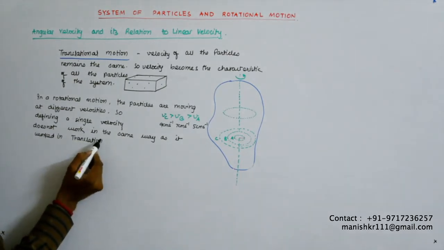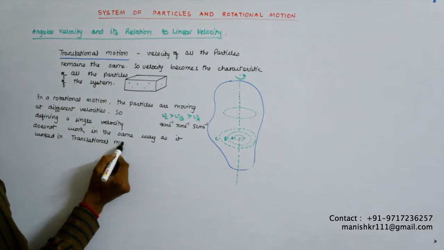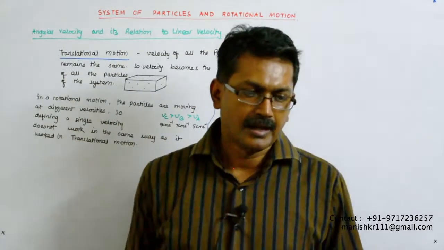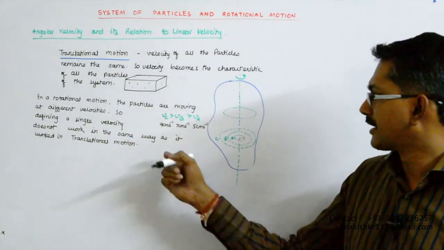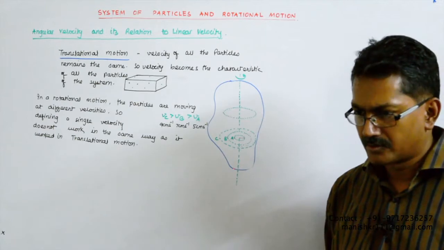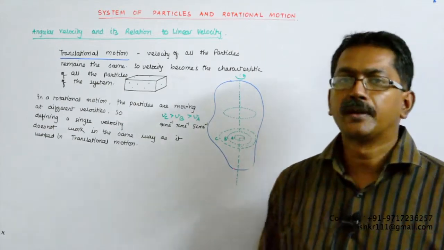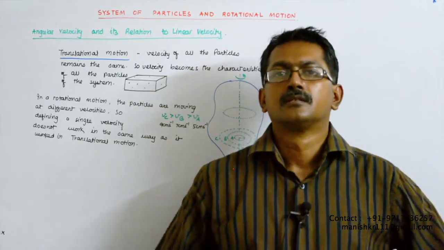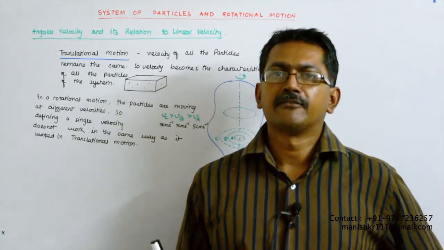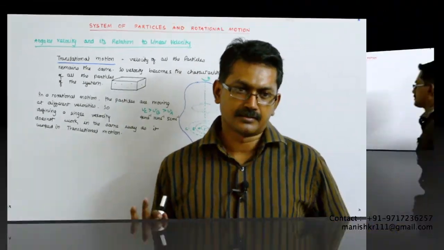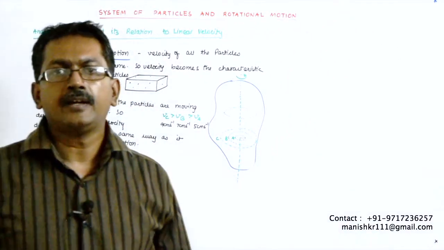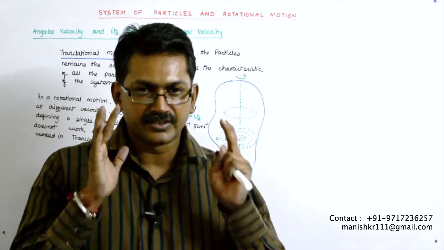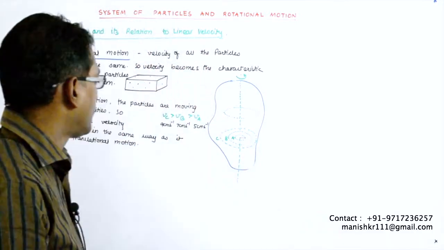Do we get the point? Correct? Now what do I do? That is where we move ahead and define a different quantity altogether. So that's where we define a different velocity, and that velocity is called angular velocity.